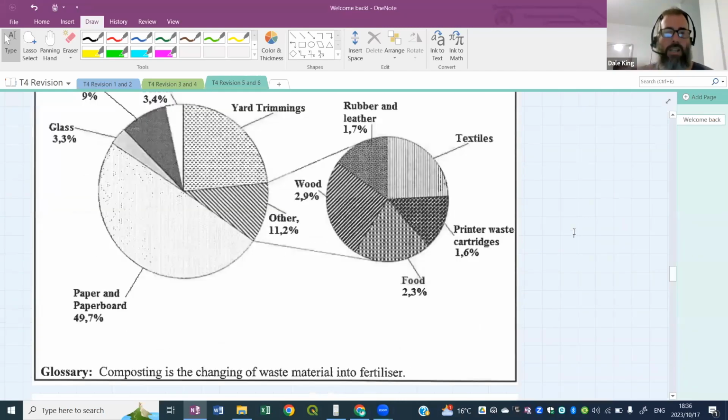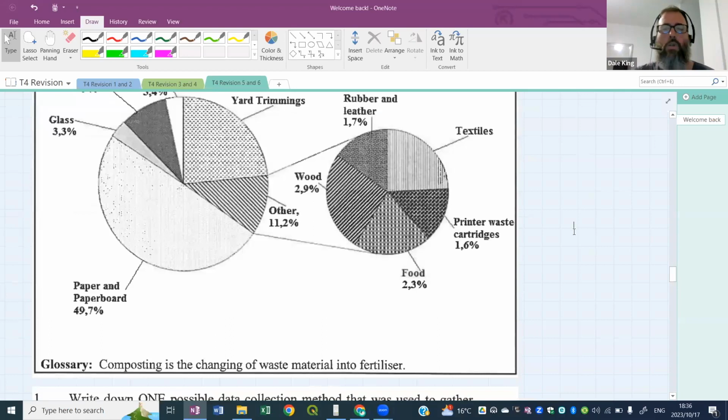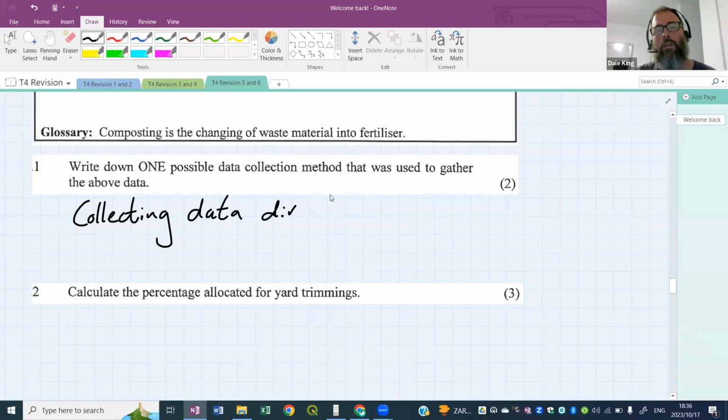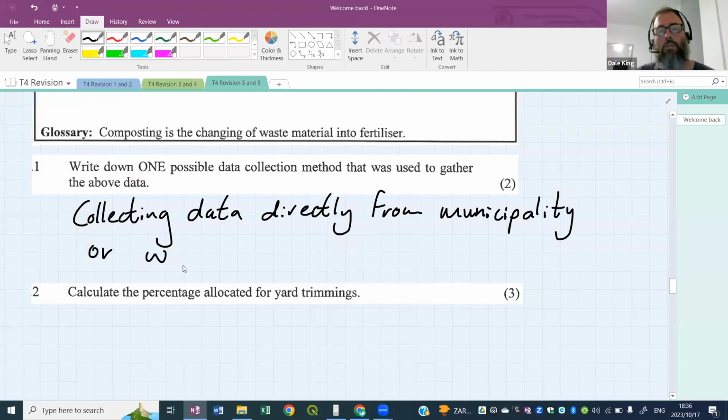Using one word, please elaborate on the words that you guys have used, like questionnaire, observation. Elaborate on that. So for example, an example answer could be collecting data directly from municipality or waste managers.